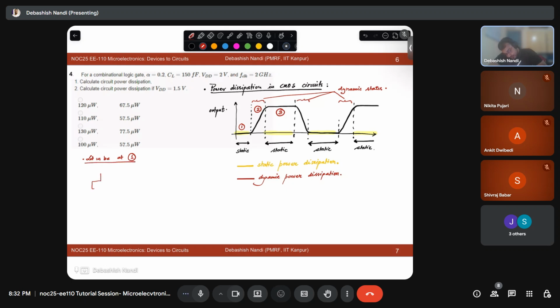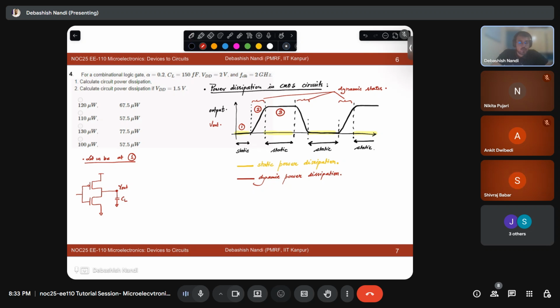Let's say this is my inverter, and this is V out. Can you draw the switch resistance equivalent circuit of this at 1?